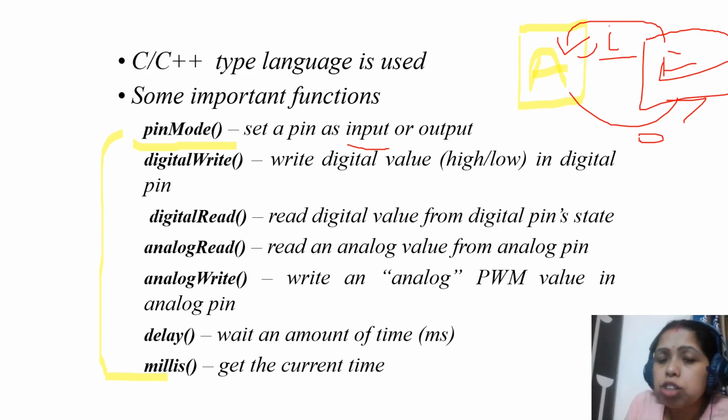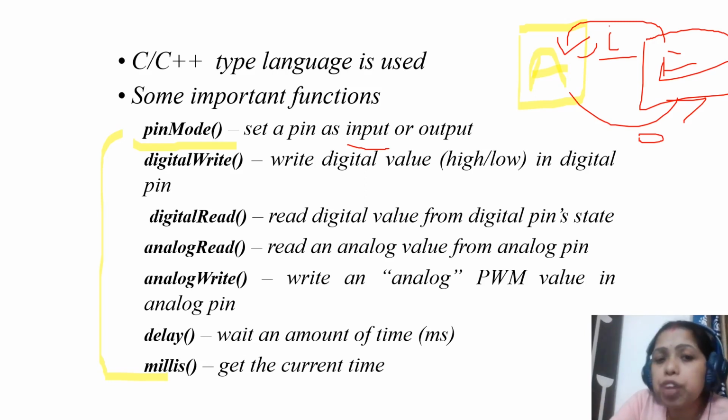Suppose an external device is connected through an analog pin or digital pin. If you want to collect the data from the external device, then that pin will act as an input. So in the code you have to mention whether you are collecting data through this pin or sending data through this pin.